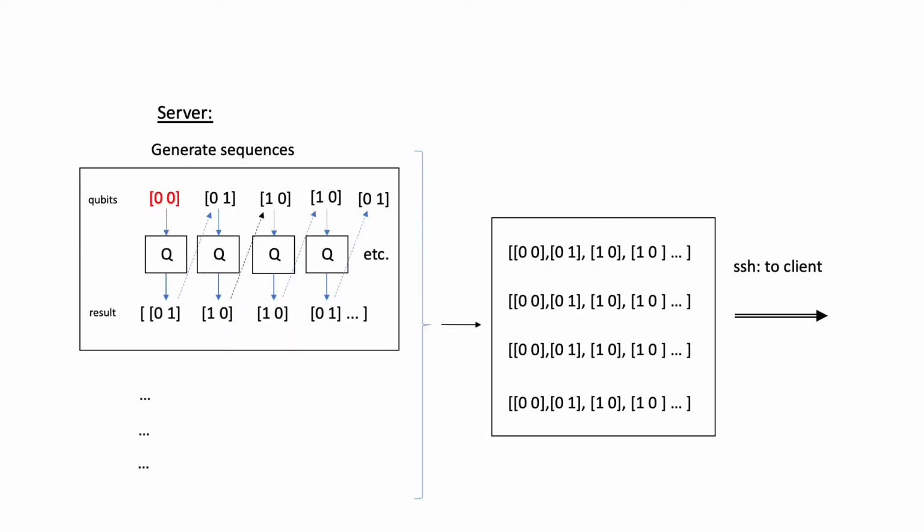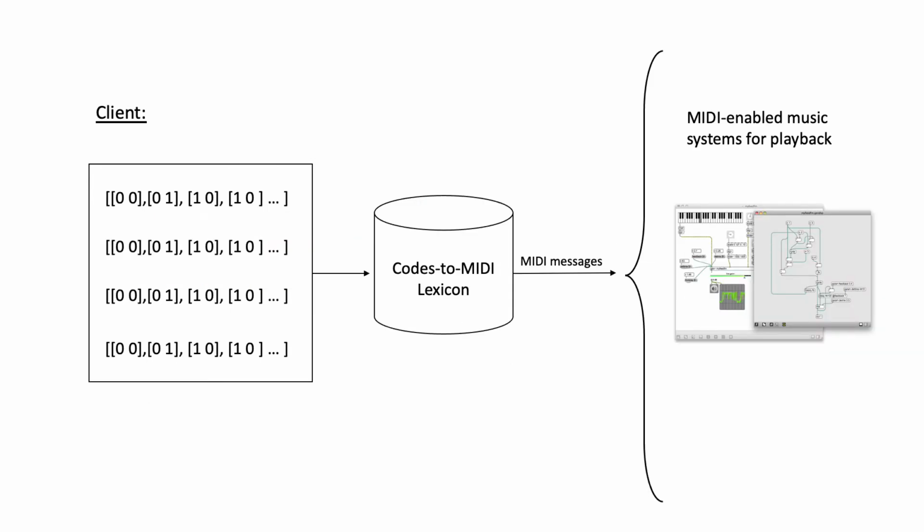The quantum computer then runs the circuit a number of times and generates sequences according to the transition probabilities. The system then uses those measurements to control a MIDI system that generates musical materials or responses to the clarinet sounds.